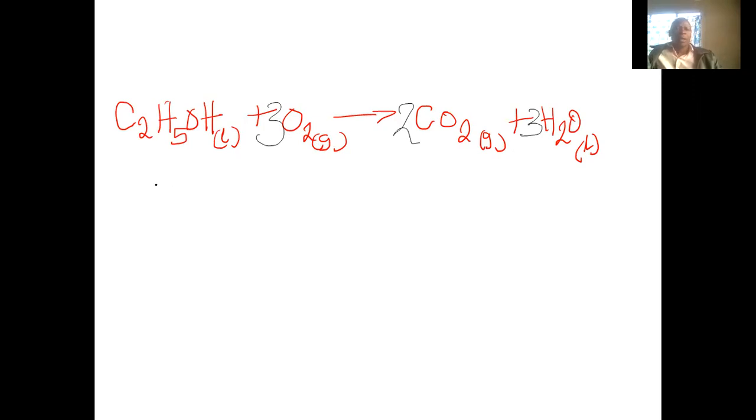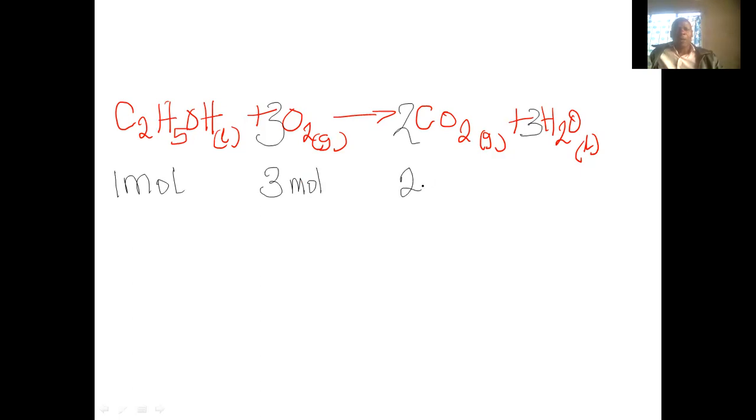For us to know exactly what is required for each of them, we can look at the mole ratio. You notice that here, ethanol is 1 mole, while oxygen is 3 moles.